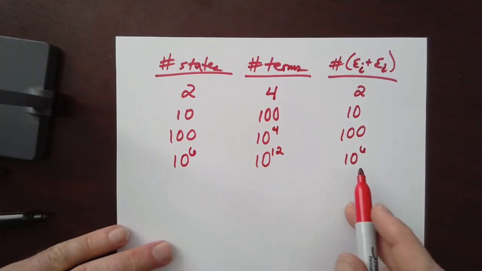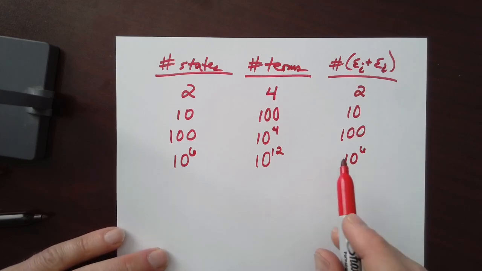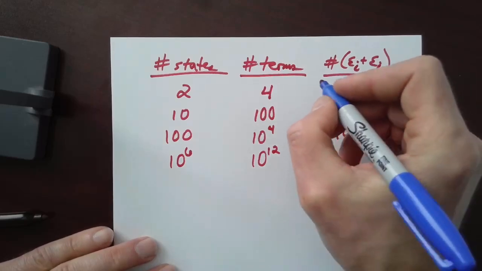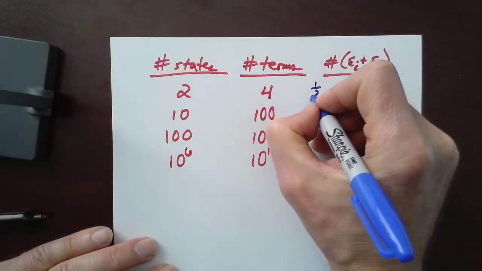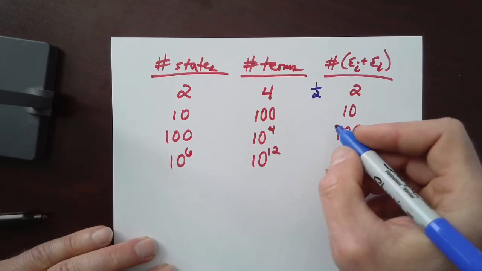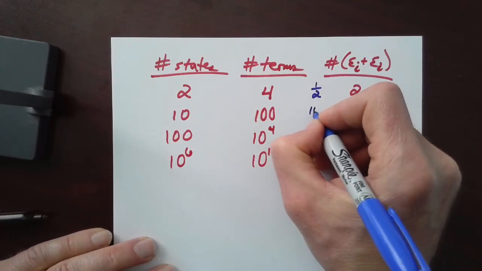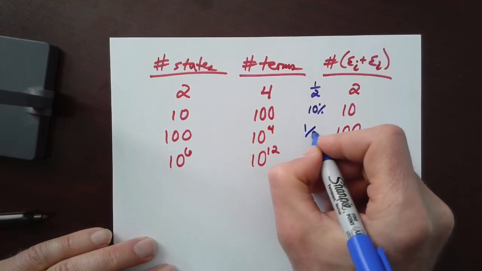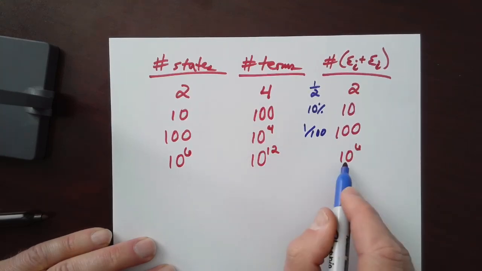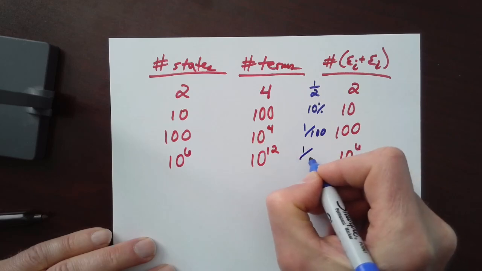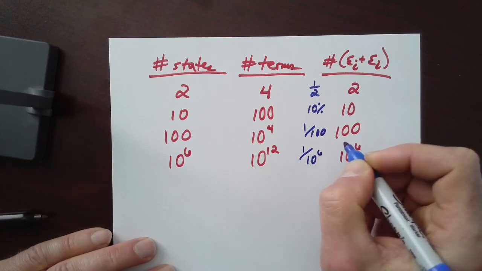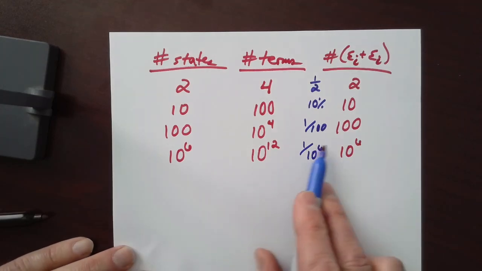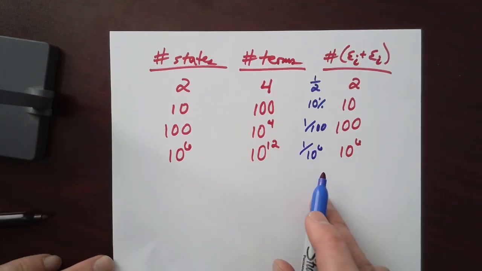The fraction of problem terms: here it's half of the terms, here it's 10%, here 1 out of every 100 terms, and here 1 out of every 1,000,000 terms are problem terms. So the fractional amount of problem terms vanishes away.